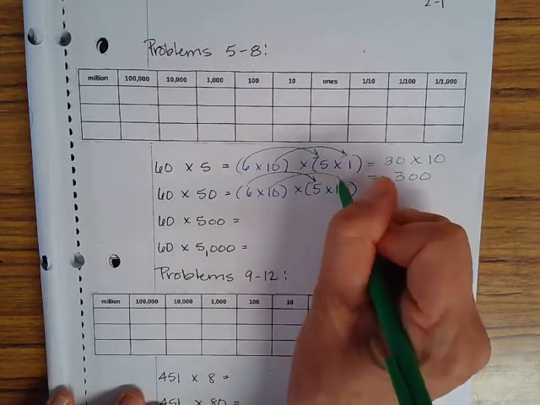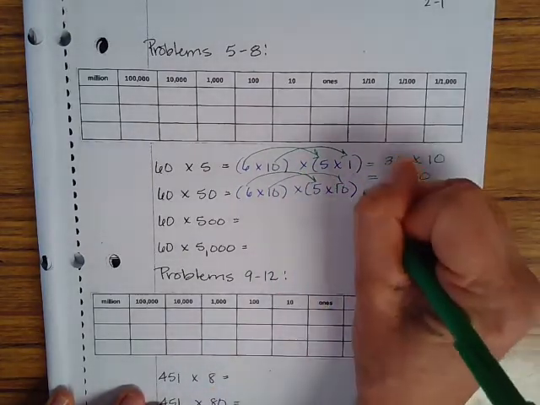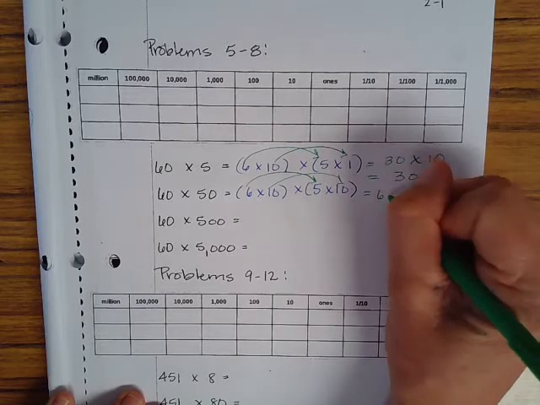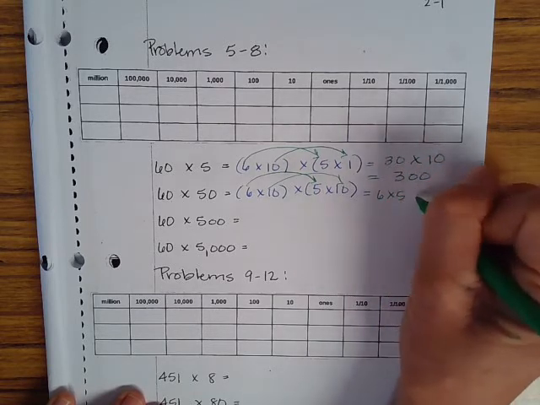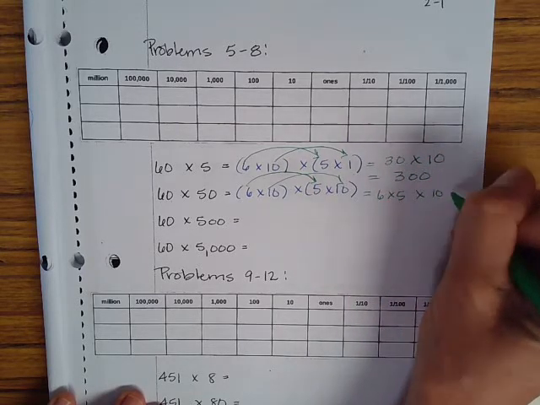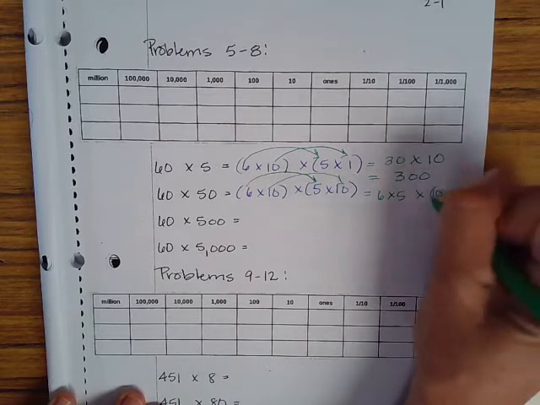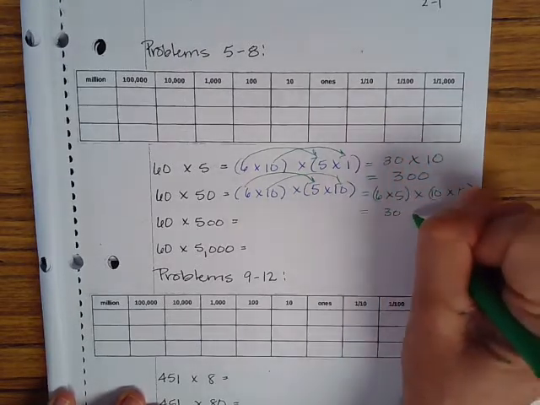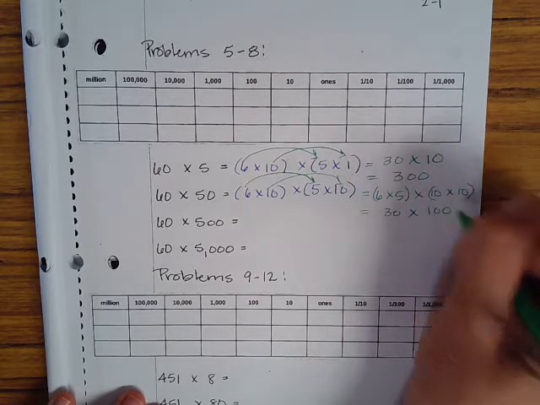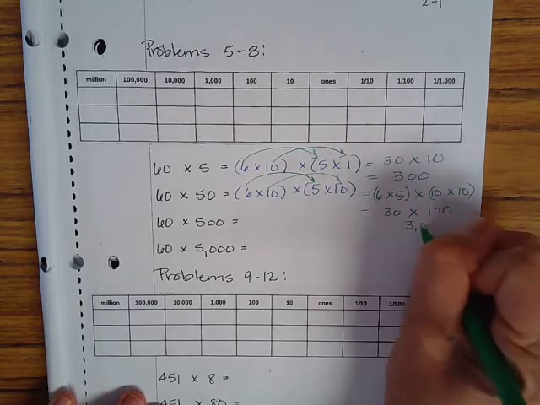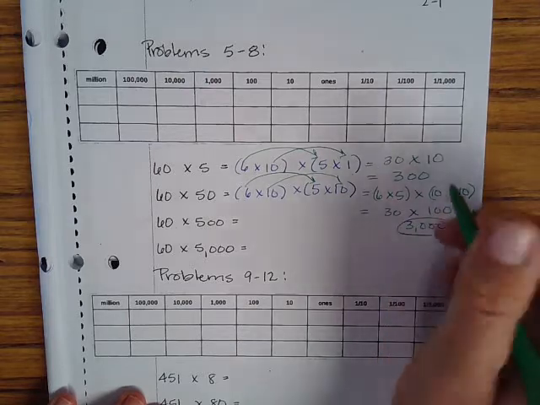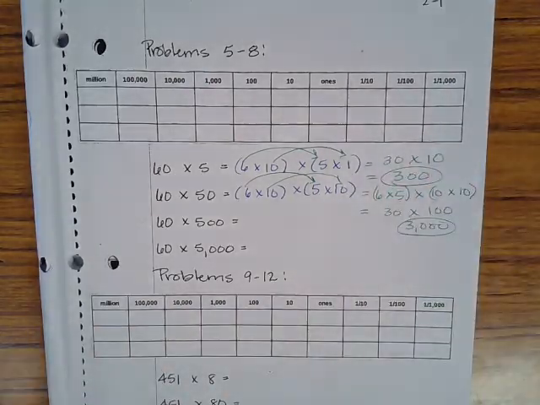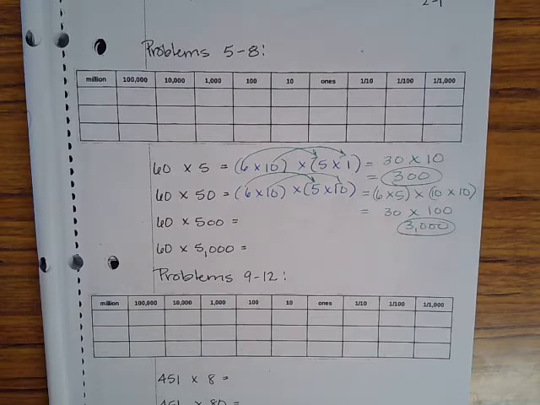Second number times second number. So we're going to go 6 times 5 times 10 times 10, which becomes 30 times 100, which becomes 3,000. Yes? Give me a thumbs up. Let me know how you're doing with this concept.